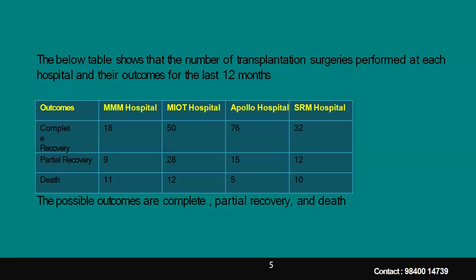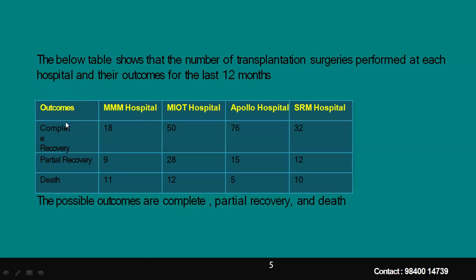Death. There are some cases of partial recovery, not fully recovered, and complete recovery. Complete recovery, after transplantation, in 6 months, or in 1 month, or 15 days they recovered completely. Partial recovery in 15 days, they recovered but not fully. Still, they have some breathing troubles and all the things.